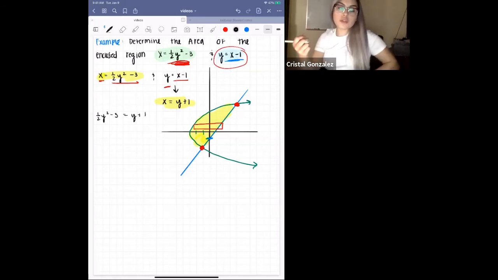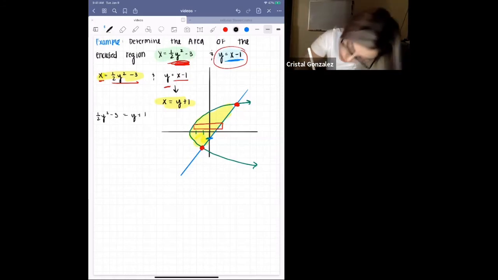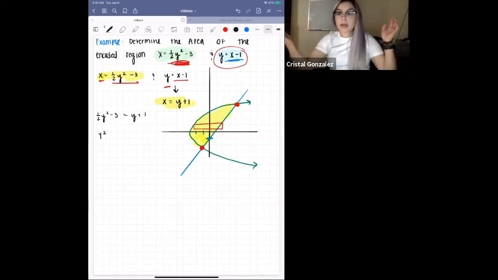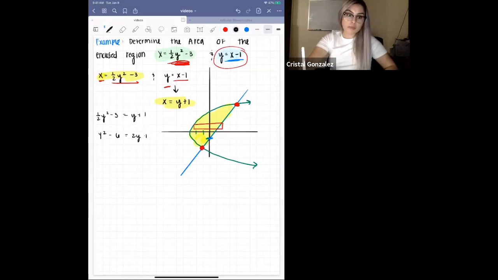Because I have a fraction, I'm going to want to get rid of it. So I'm multiplying everything by 2 in order to get rid of that fraction. So I'm going to get y squared minus 6 is equal to 2y plus 2.